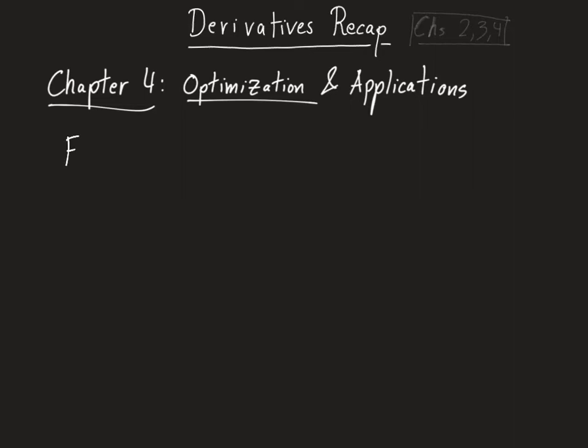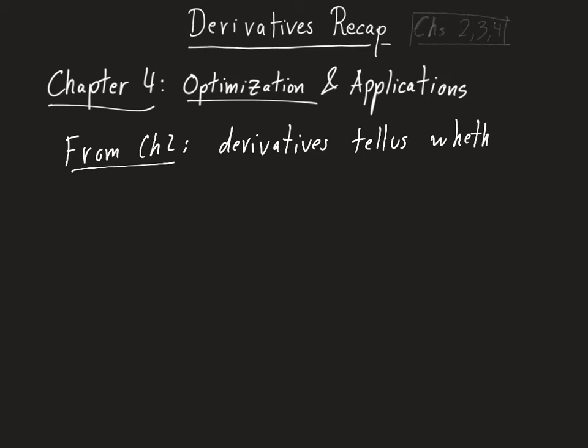So from Chapter 2, we know that derivatives tell us whether a function is increasing or decreasing.